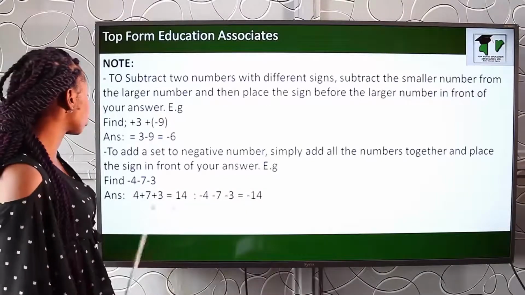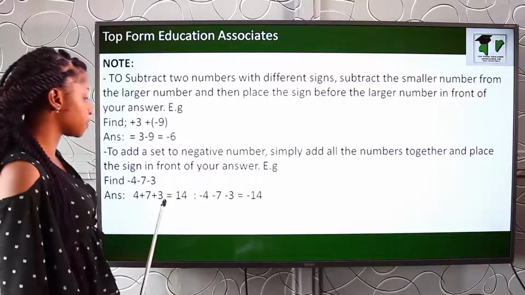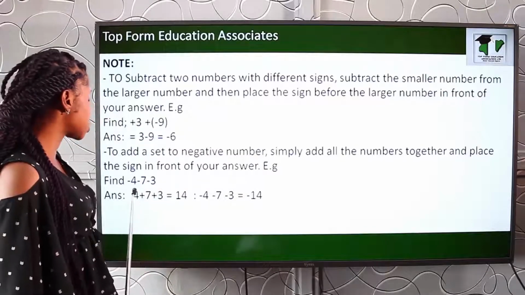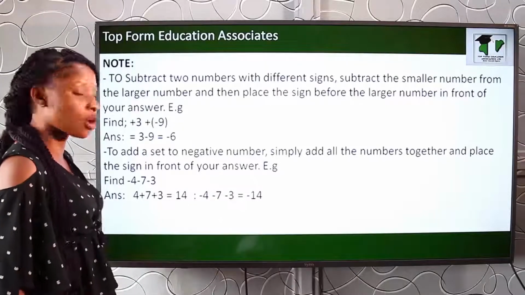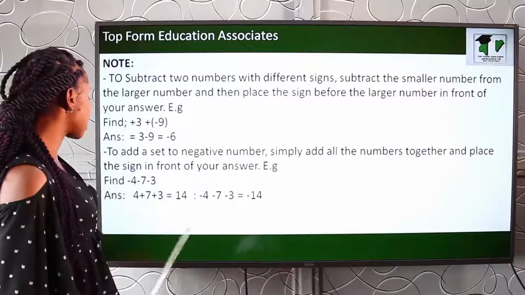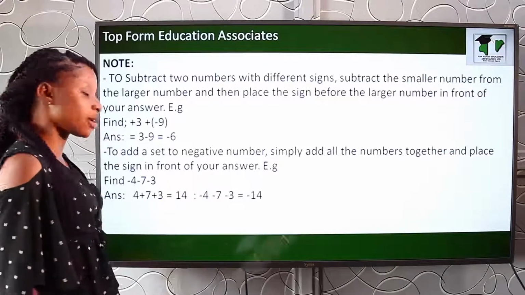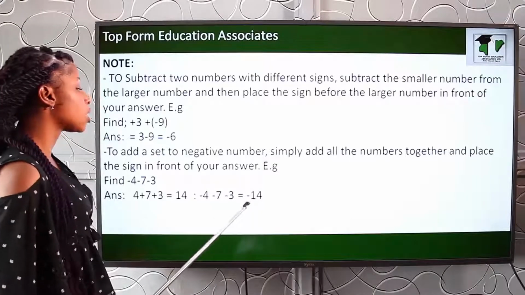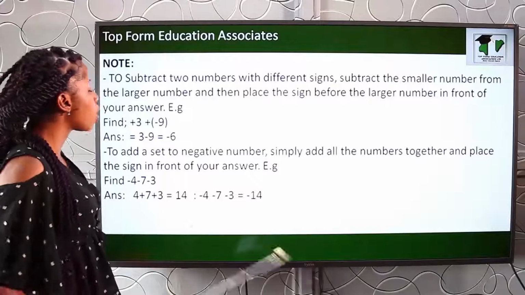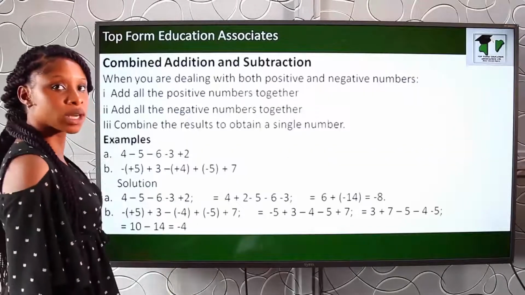To get this sum, you add all the numbers, because these are sets of negative numbers, and you place the minus sign in front of your answer. So 4 plus 7 plus 3 will give us 14. To get our answer to be correct, we place our negative sign in front of the answer, which is minus 14. So minus 4 minus 7 minus 3 is minus 14.